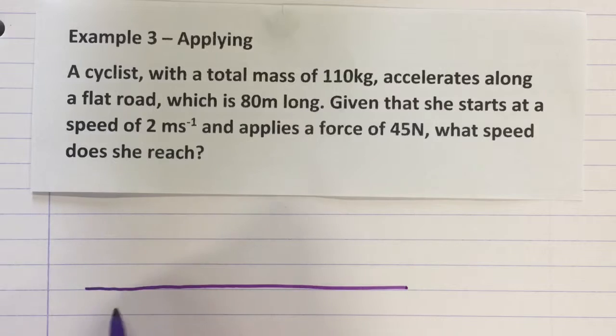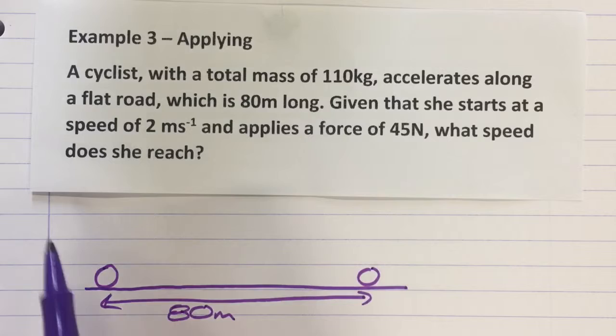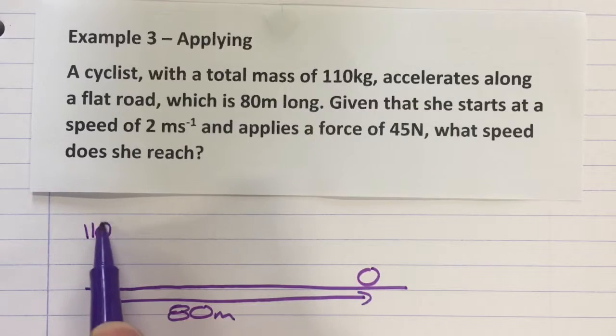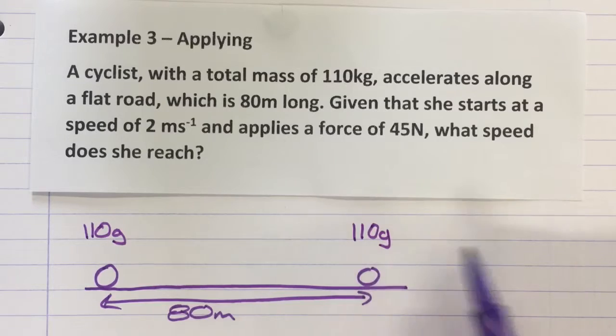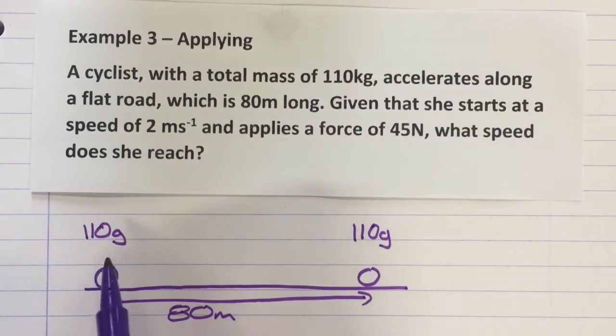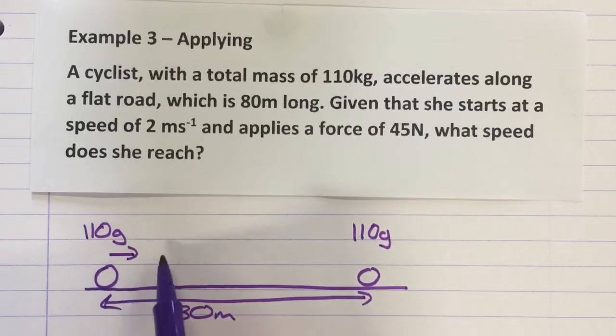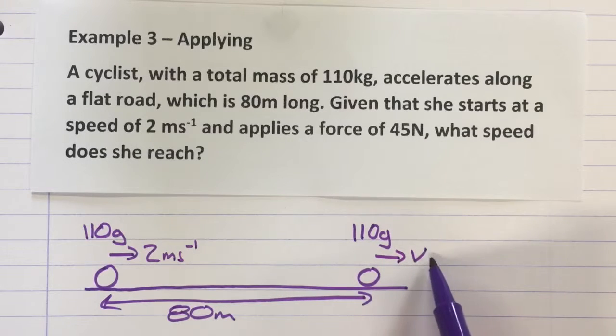So we've got our 80-meter stretch here, and we have our cyclist who has a weight of 110 g, and we have an initial velocity of 2 meters per second and a final velocity that we do not yet know.